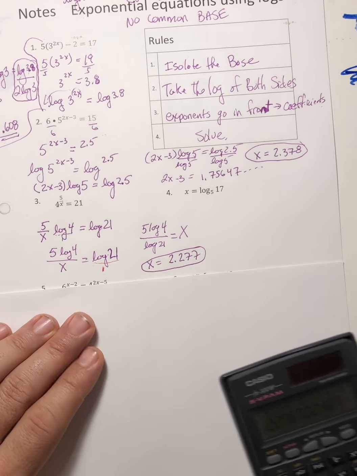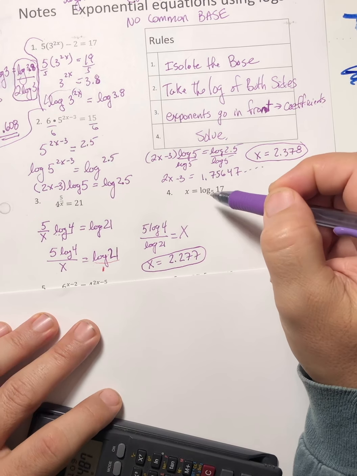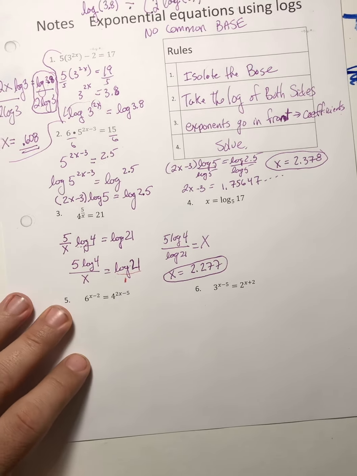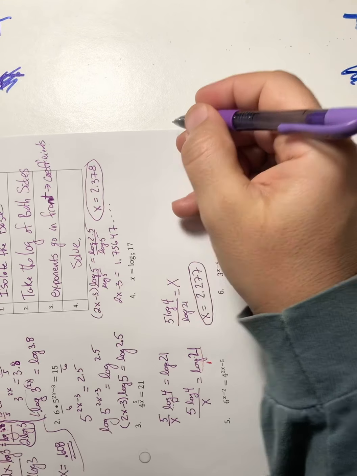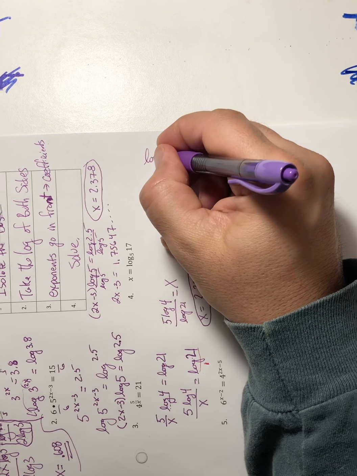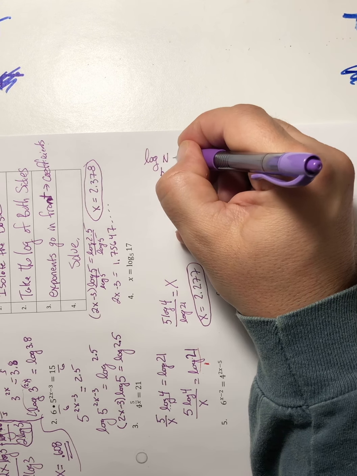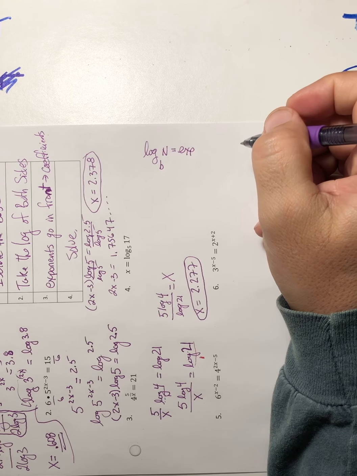All right. Oh, we have to remember our log definition from last year. Oh my Lord. That's right. Log base b of n equals an exponent. That's right. A log is just an exponent.